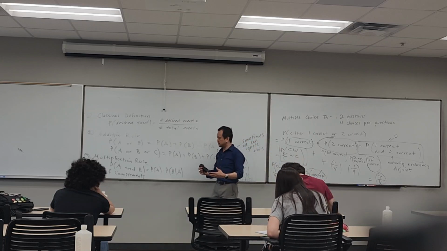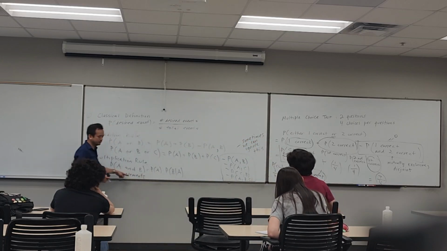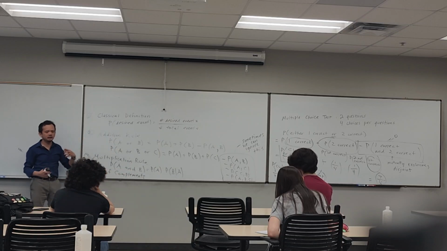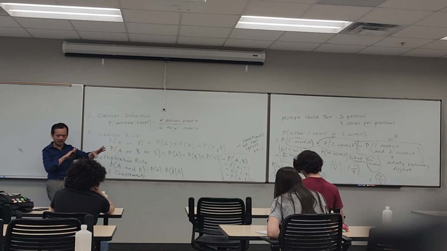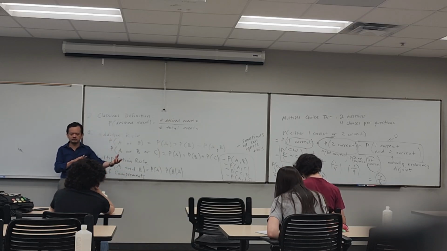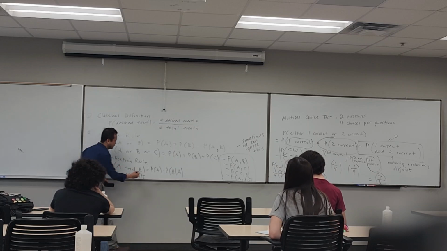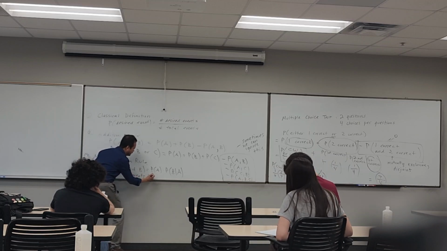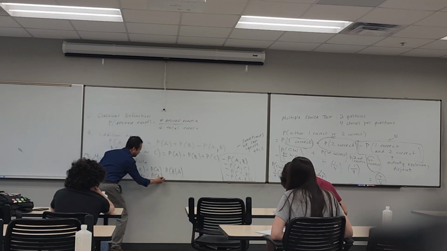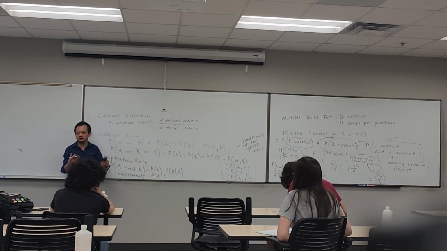But another way to get the answer was this rule of complements, which means that if you can think of the reverse situation, which is the complement, and you can easily find the probability, then you can use that and subtract from 1 to get the probability that you want. So the rule of complement says that the probability of an event is equal to 1 minus the probability of its complement.